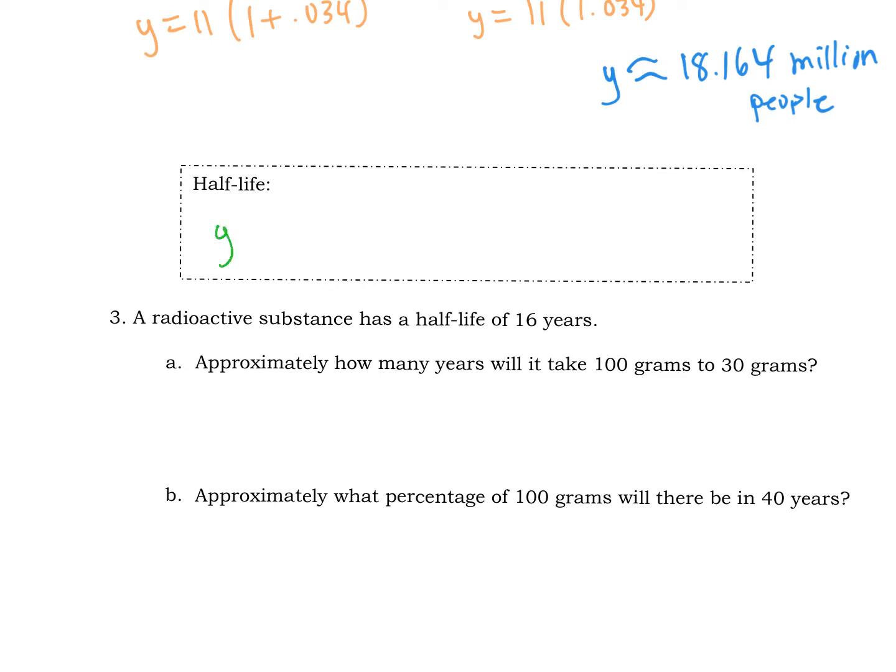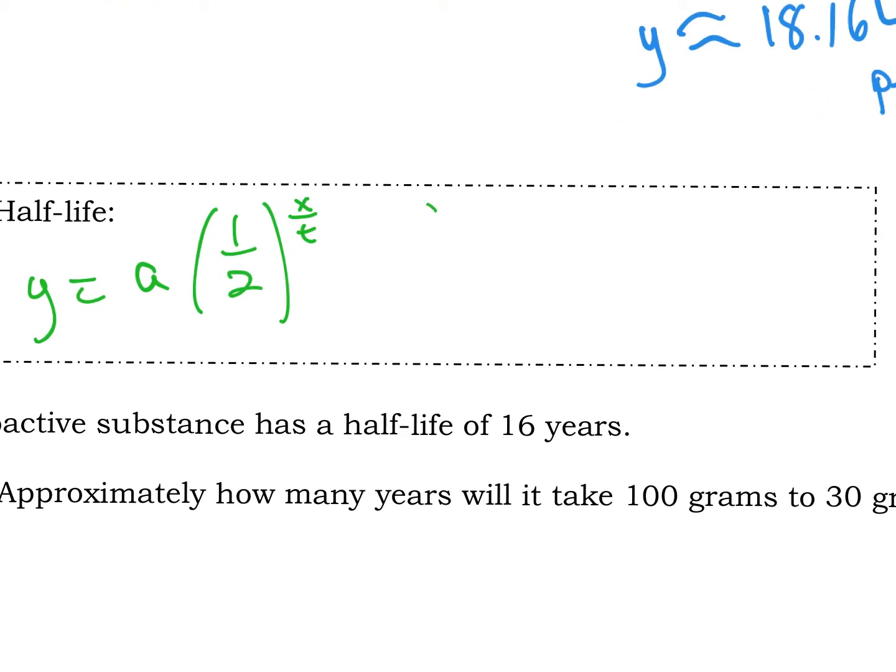The formula says y is equal to a, our initial condition, times 1/2 to the x over t. I want to remind you and explain what each of those parts is, and then we'll look at this example so you can see how it fits. So A is our initial amount, just as in the other cases we were just looking at. Then we have X and T, and it's easy to get those confused, so be careful.